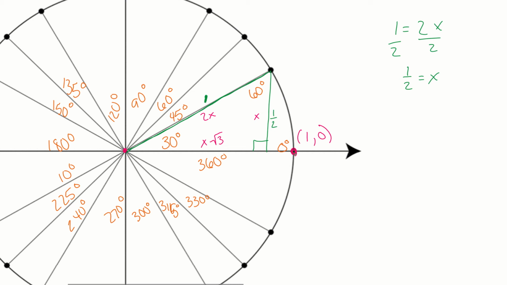And then, since it's just x times root 3, I know it's going to be 1/2 root 3, which we can write as a fraction, root 3 over 2. So remember, this is going to be my x, and then I have my y, and those are my coordinate points. So my x going over is root 3 over 2, and my y going up is 1/2.